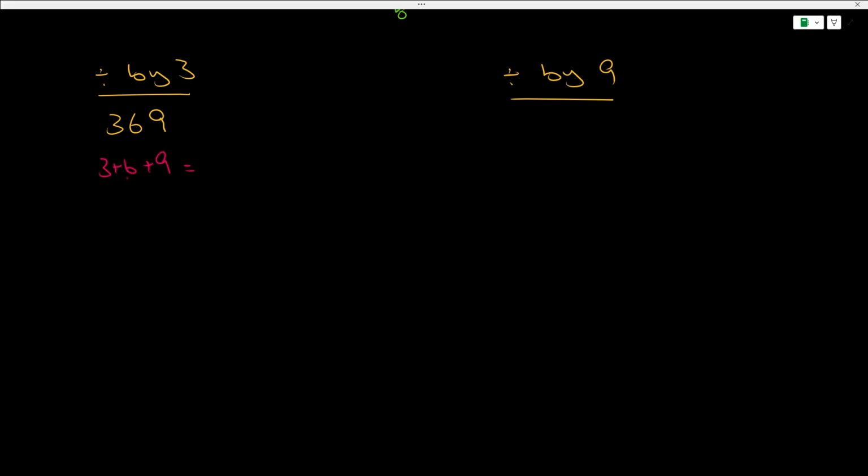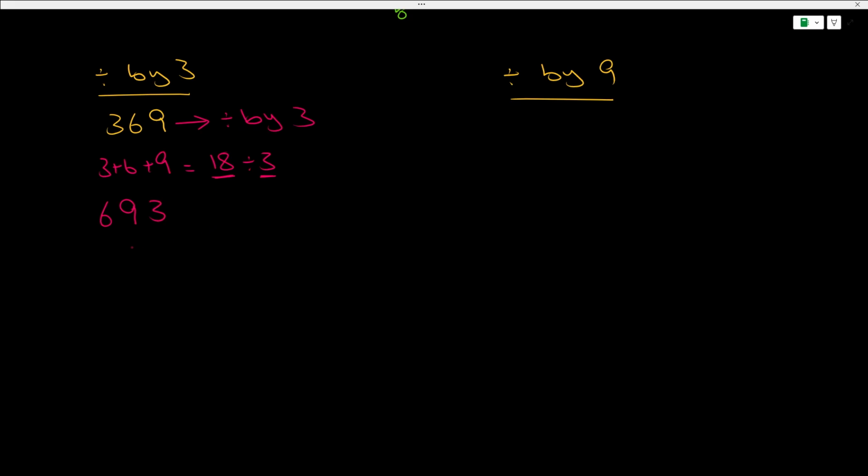Whatever result comes, in this case the result is 18, we divide it by 3. If the result can be divided by 3, we can say this number is divisible by 3.